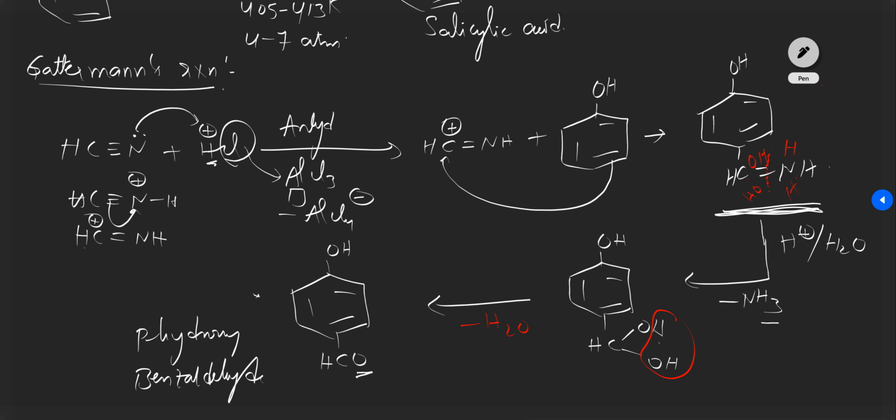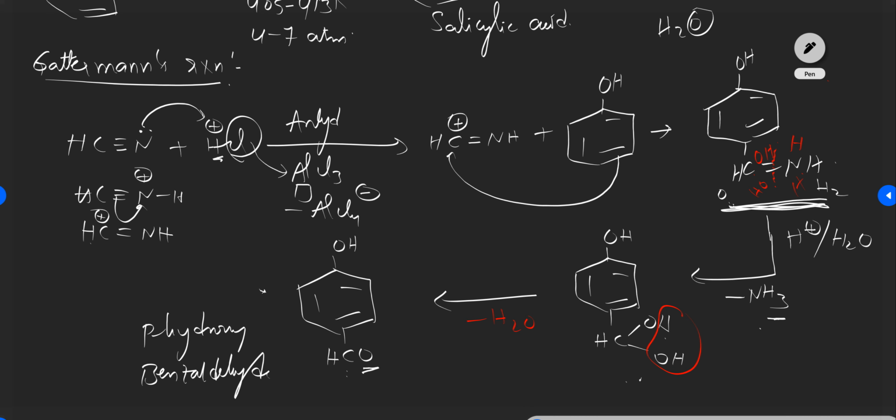We can directly add O and H2, no need to go through this step, the formation of two hydroxyl groups and loss of water. From that step, we can write directly CHO and NH3. For the water molecule H2O, we write O on this side, 2H plus R this side.